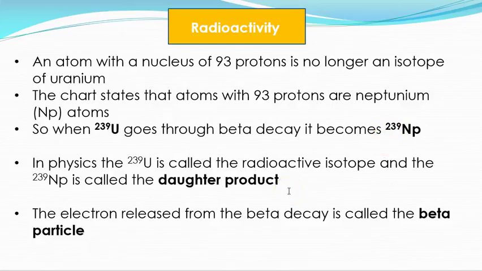In physics, U-239 is called the radioactive isotope, and Np-239 is called the daughter product. So essentially, the isotope has given birth. The electron released from the beta decay, once again, is called the beta particle.